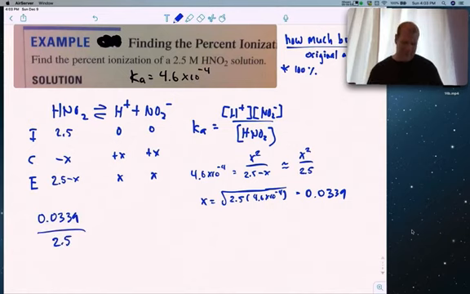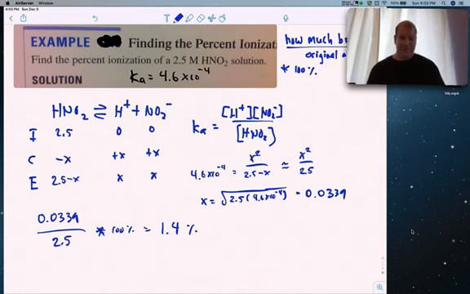We started off with 2.5 molar, and that's how much breaks apart. So divided by 2.5, and we get 1 point, how many sig figs? We have 2 sig figs. Well, I should say, times 100%.